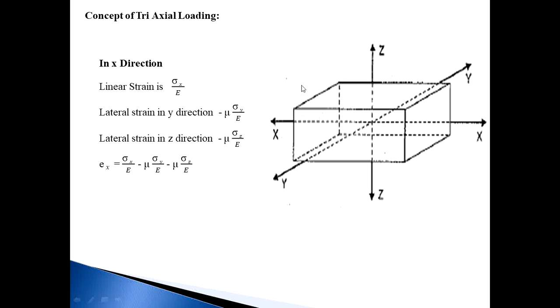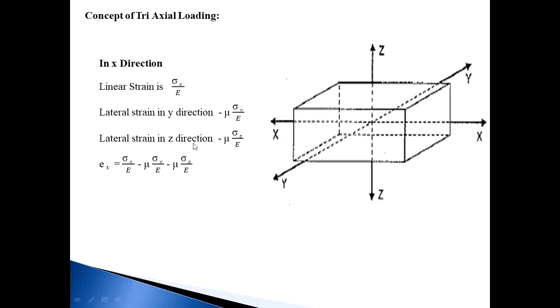The lateral strain in the Y direction is sigma Y by E multiplied by mu, where mu is the Poisson's ratio, with a minus sign because all forces are tensile. When you pull in the X direction, Y and Z automatically reduce. So the lateral strain in the Y direction is minus mu into sigma Y by E.